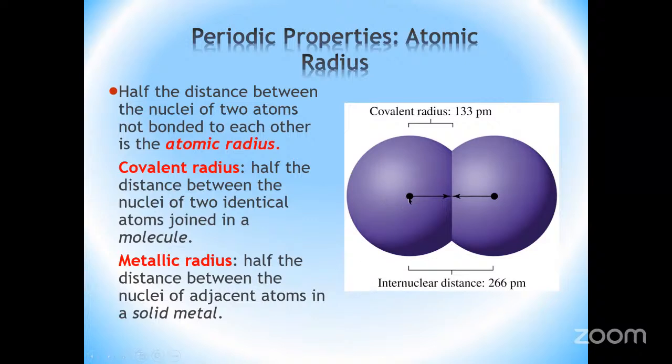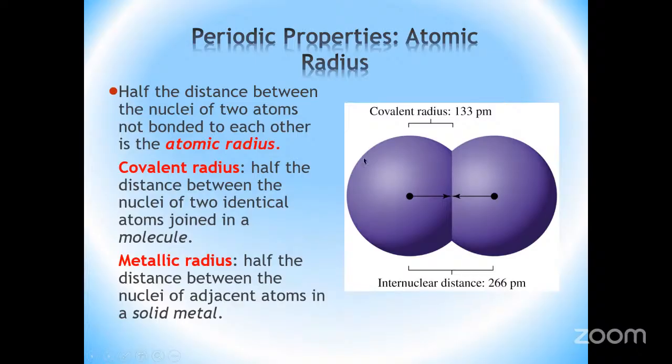So if you know what the distance between the two nuclei is, divide that by 2, and that would be the covalent radius. So in this particular case, I don't remember what molecule this is, but in any case, the internuclear distance, the distance between the two nuclei, is 266 picometers.